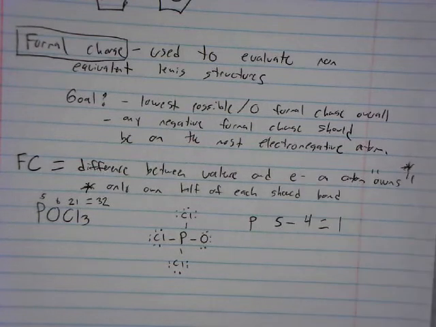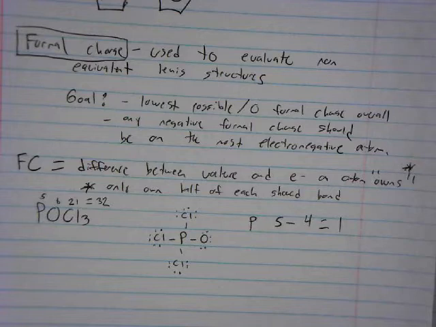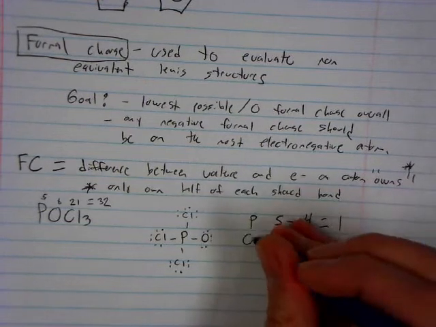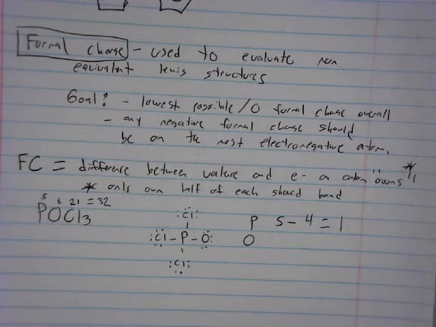So 5 minus 4 is 1. That's the formal charge for phosphorus. This is way easier than what I've done in the past. In the past, I've done valence electrons minus half the shared electrons plus all lone pairs. This is way easier, okay? So let's do it for oxygen.